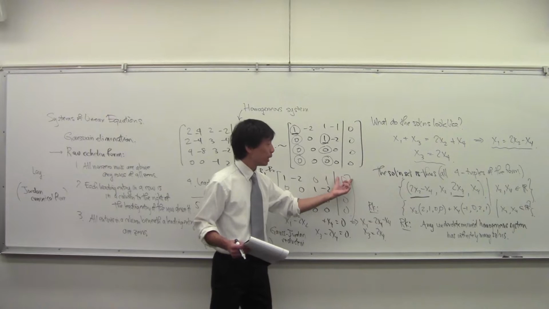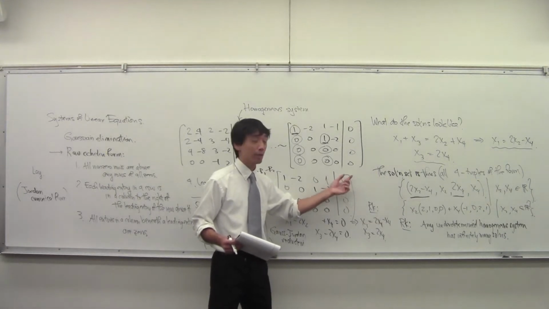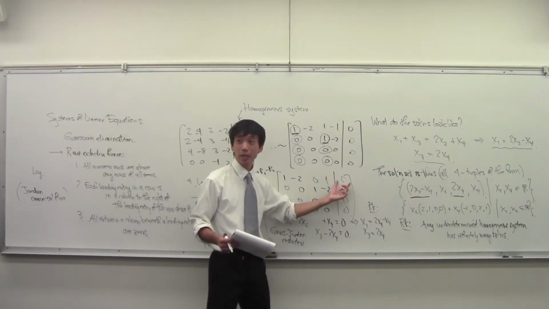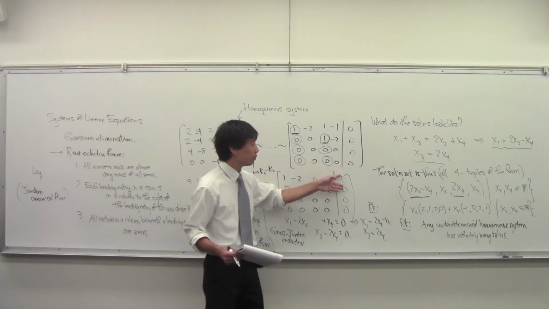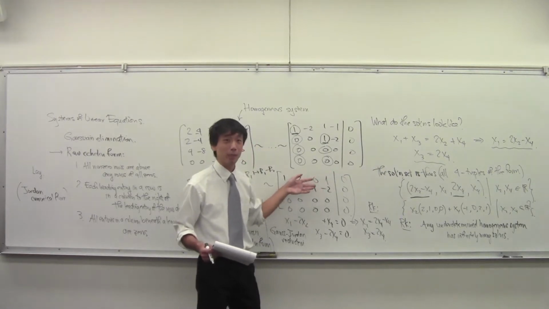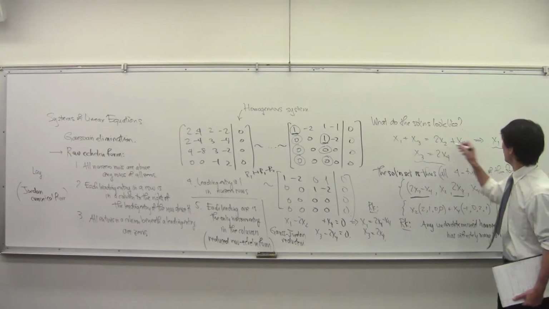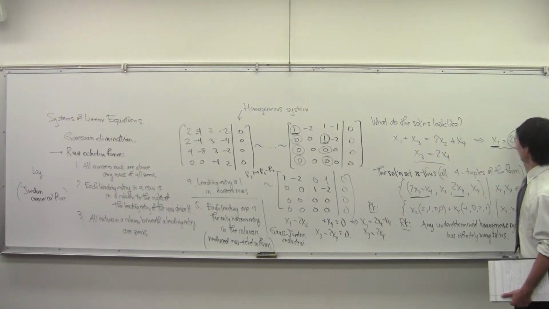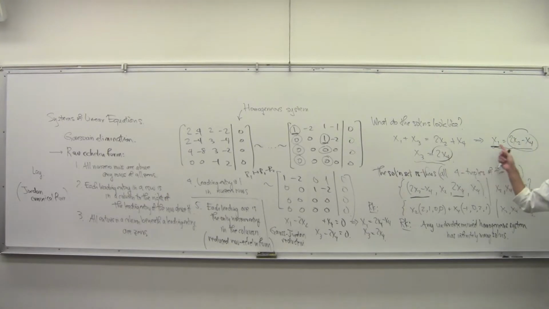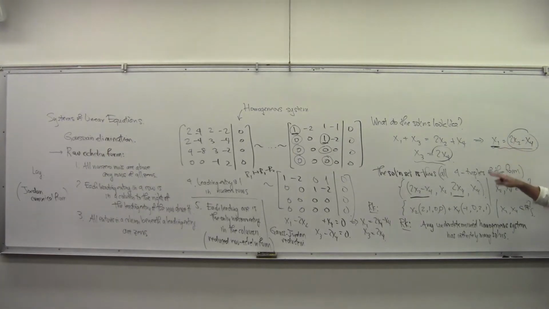So as the free variables vary, you can let the free variables be anything, and that will give you your infinitely many solutions. Just like what we have here, right? Your lead variables were expressed in terms of these guys, and you can take x2 to be whatever you want, you can take x4 to be whatever you want, and you're going to get solutions. So you get infinitely many solutions.